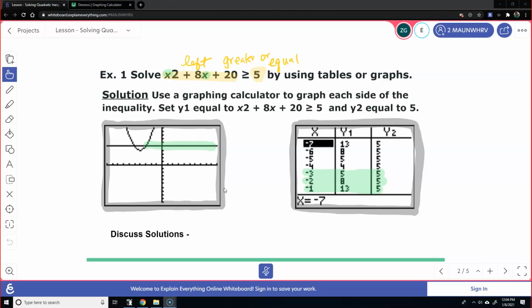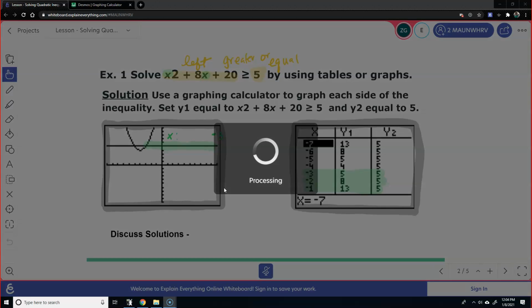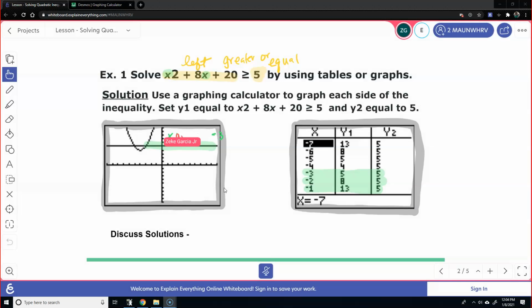So we know that any value greater than or equal to -3 is going to give you a value that is equal to 5 or larger. Okay?